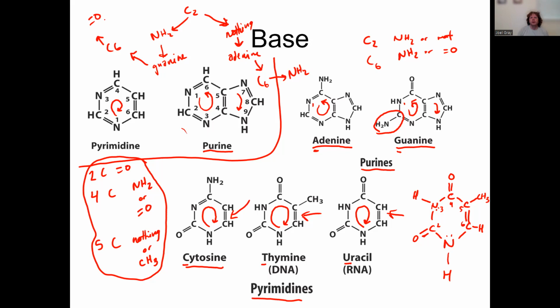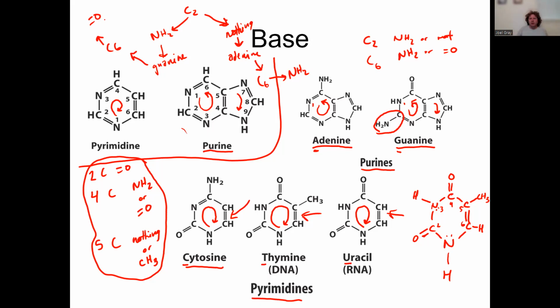Anyway, I'll move on. So you have basically a series of questions you can ask yourself when you're looking at a base. Is it one ring or is it two rings? If it's one ring, it's a pyrimidine. Now, what's my numbering scheme? Well, I start at the 6 o'clock position. That gives me my atom number 1, that nitrogen.